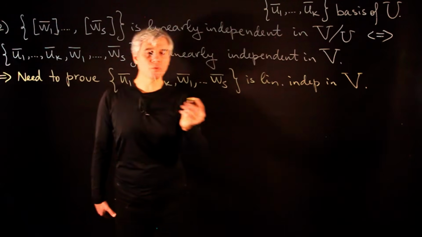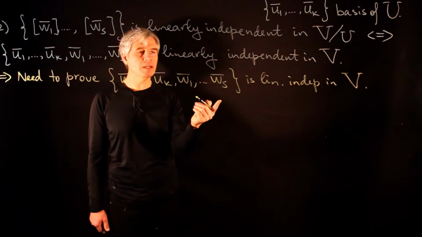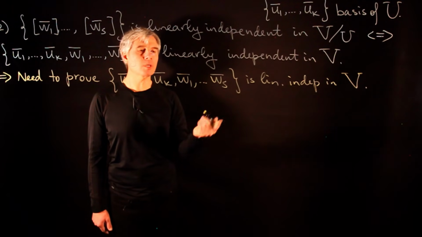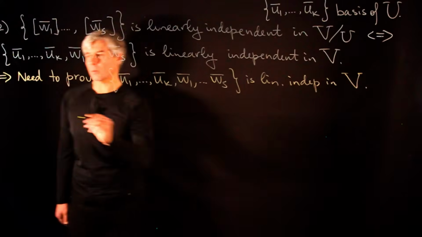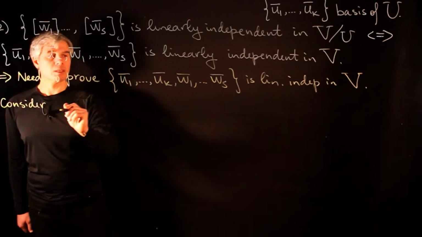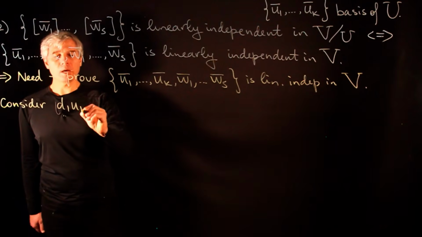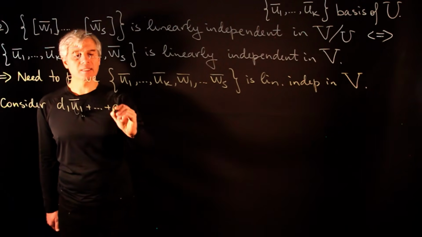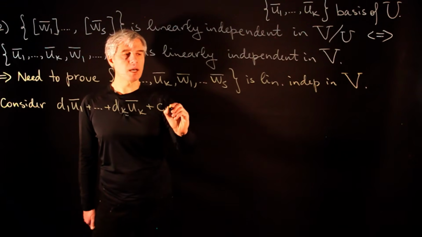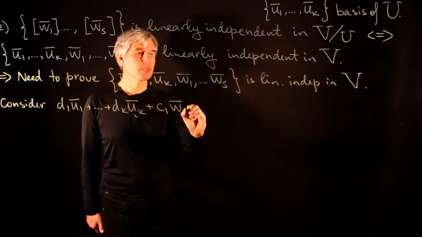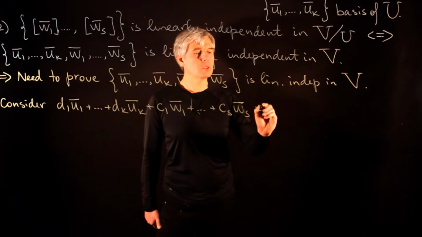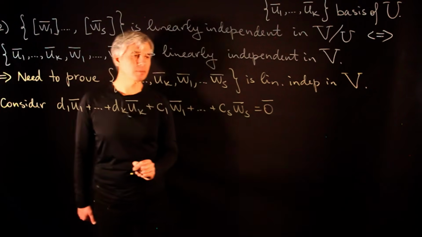And how do we prove linear independence? We consider a linear combination which is equal to the zero vector, and we need to prove that all coefficients are equal to 0. So we consider D1 U1 plus ... plus Dk Uk plus C1 W1 plus ... plus Cs Ws, and we assume that this is equal to a zero vector.